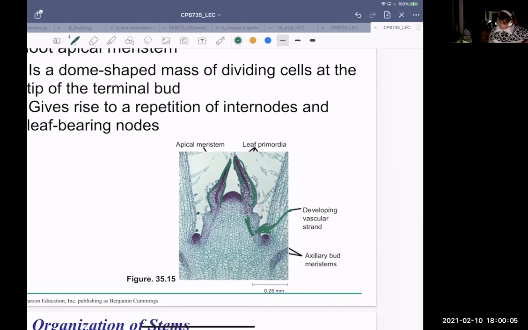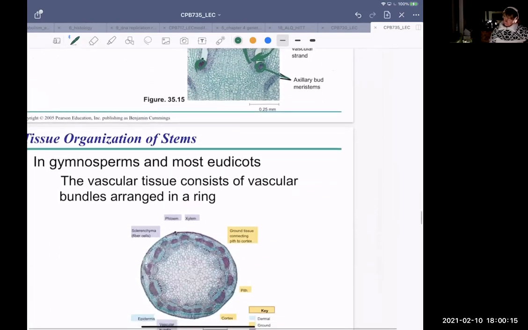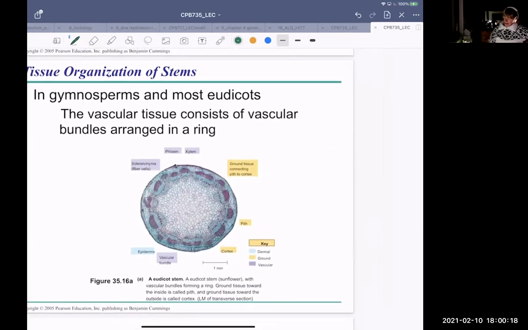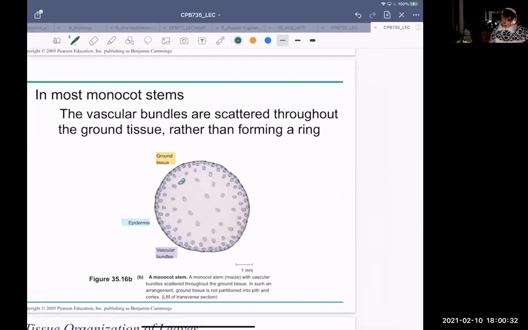And these are little axillary buds here. In the stems, in gymnosperms and the dicots, the vascular bundles are in rings like so. That's a cross section. And in the monocot stems, they're scattered.